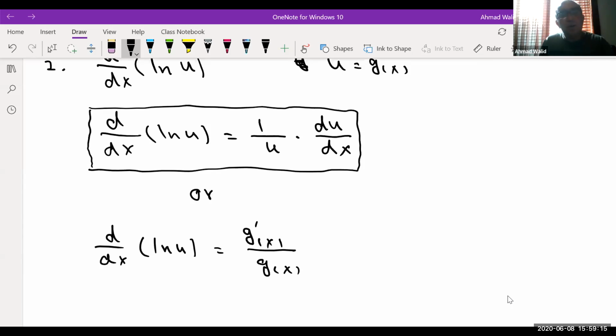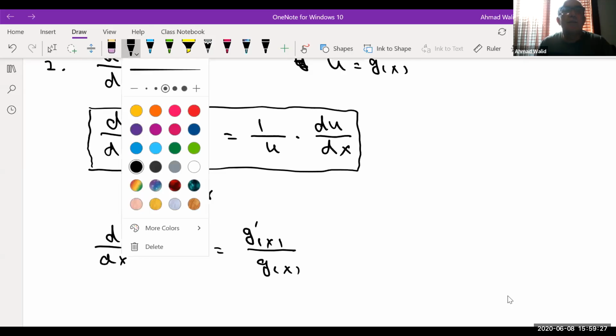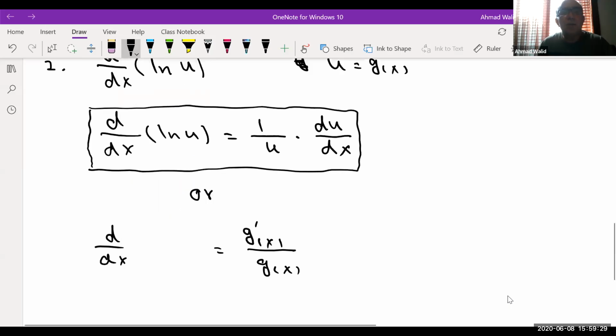These two formulas, let's put here also ln g of x, are actually the same, right? D dx of ln, let's say g of x.